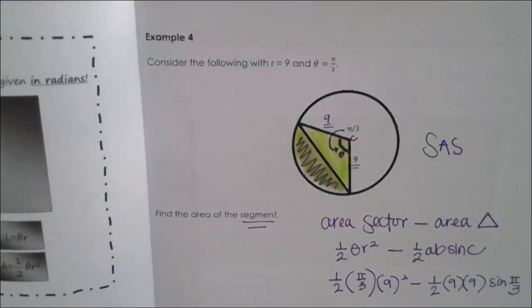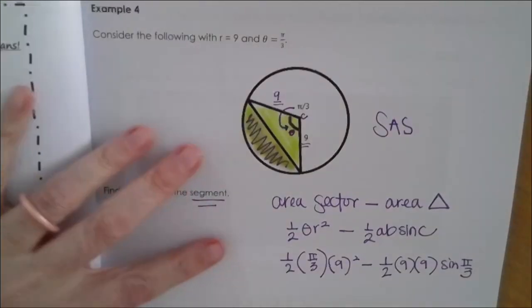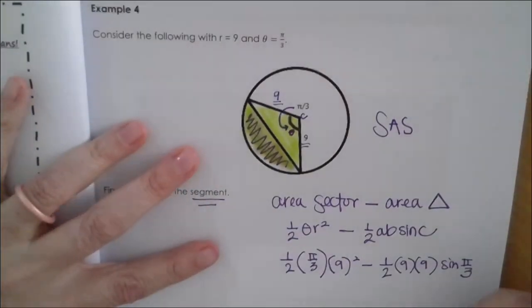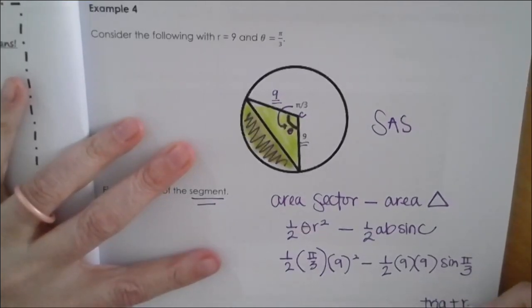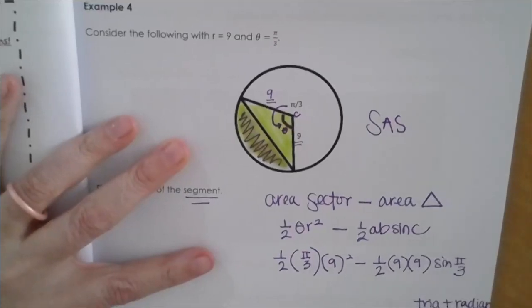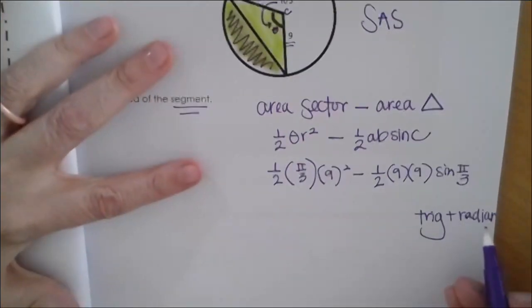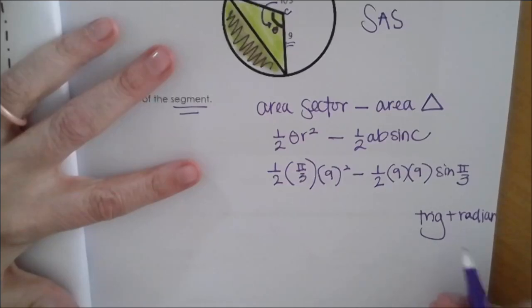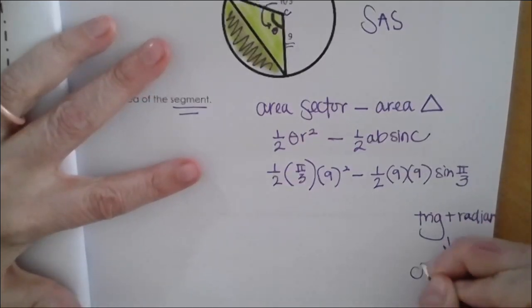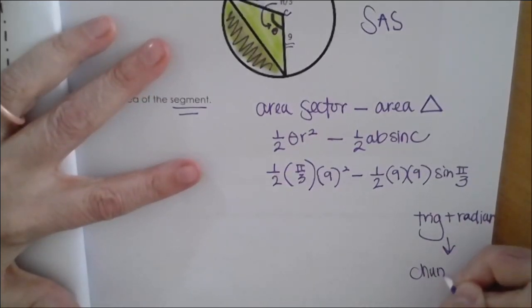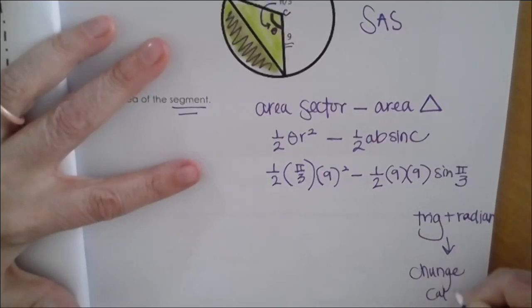Now this is where we need to be careful. If you are doing a trig function plus you are in radians, okay? Trig functions and radians at the same time, you have to change your calculator mode.